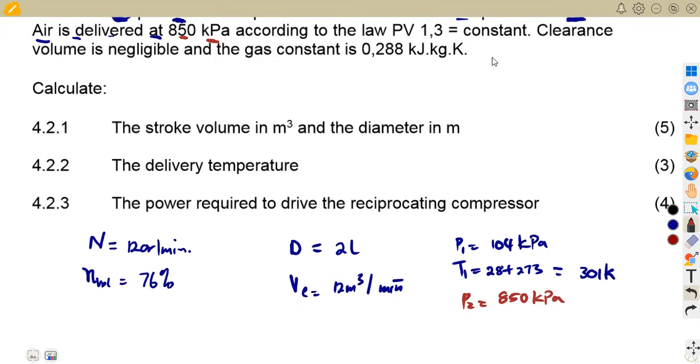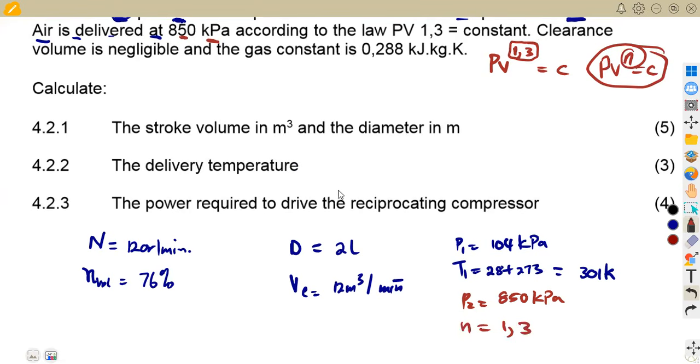According to the law PV to the exponent of 1.3 is equal to a constant C, we are given the index of compression, which is our n. Remember, it's supposed to be PV to the exponent of n is equal to C. So they are directly giving us the value of n. Our n is equal to 1.3, which is the index of compression.